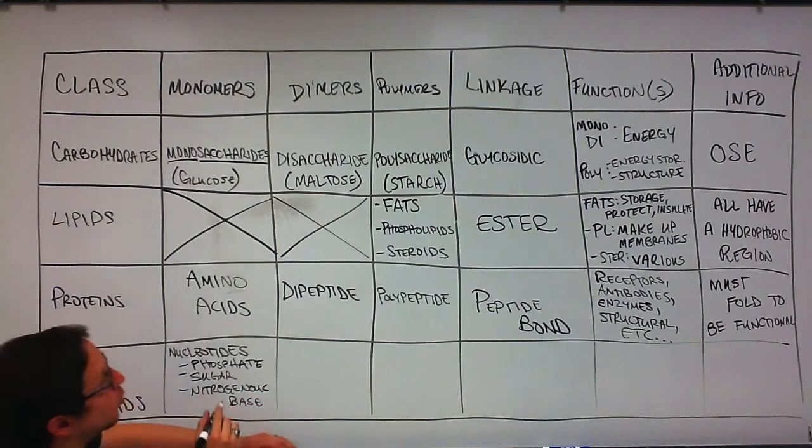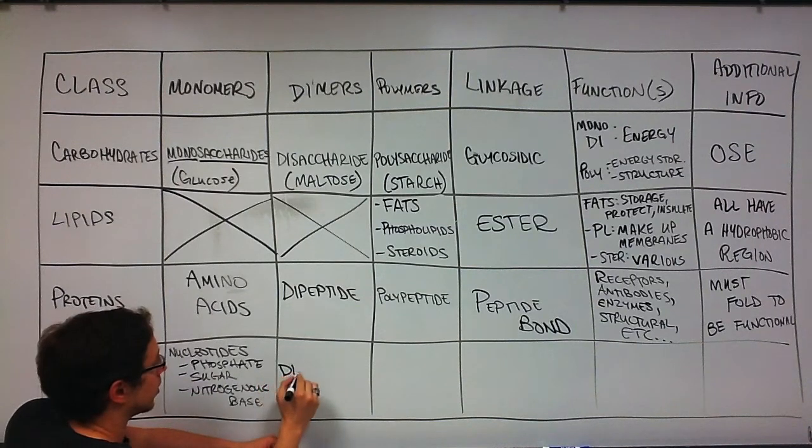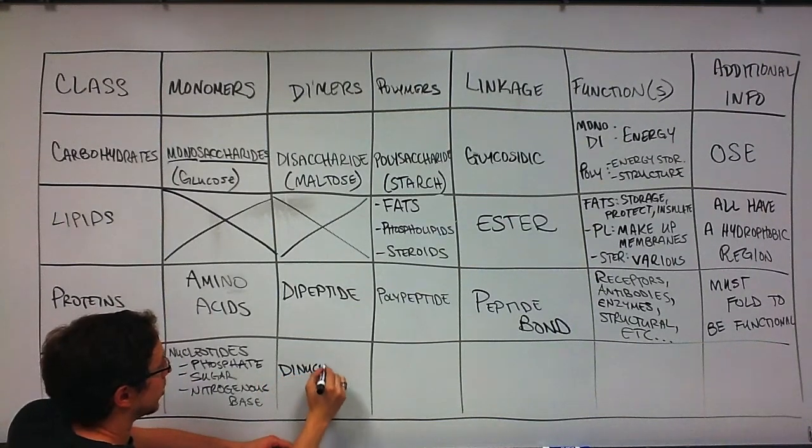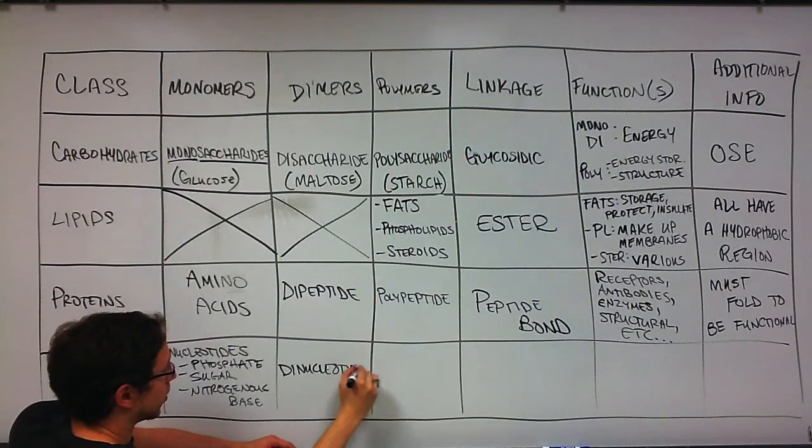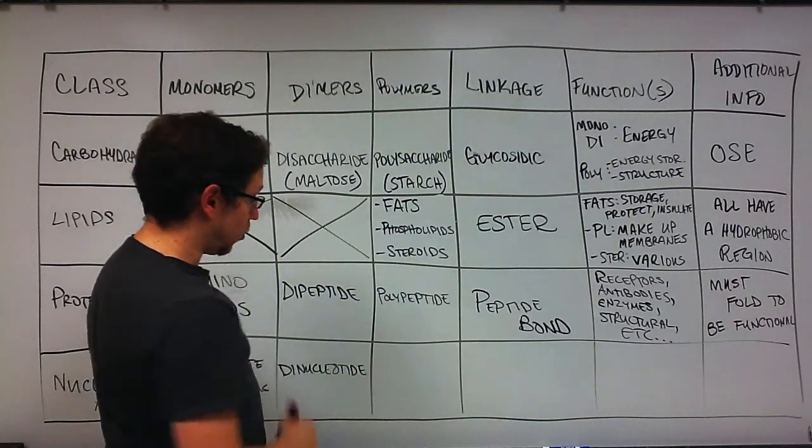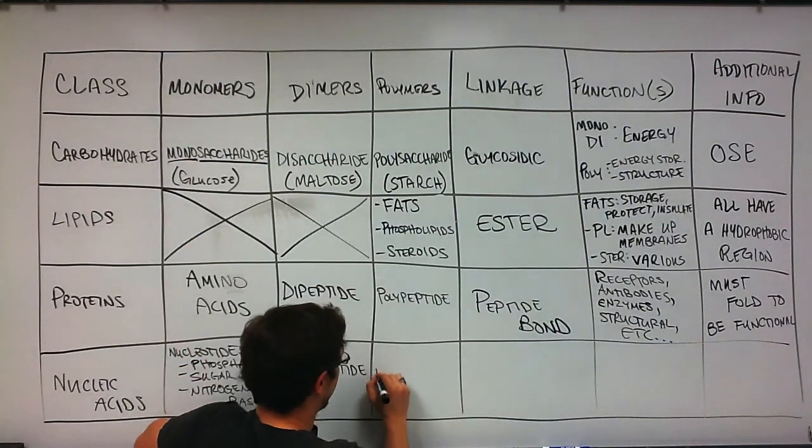If we link 2 of those nucleotides together, we get a dinucleotide. And if we link 3 of them or more together, then we have a polynucleotide.